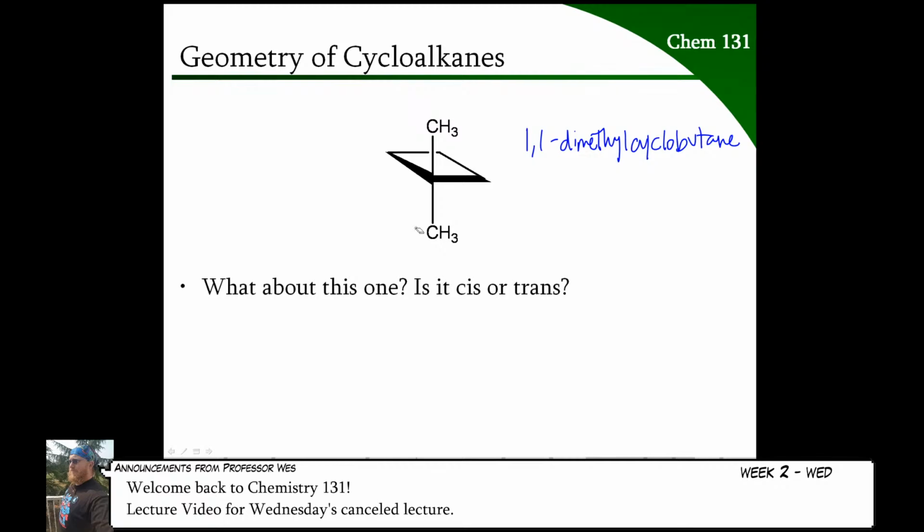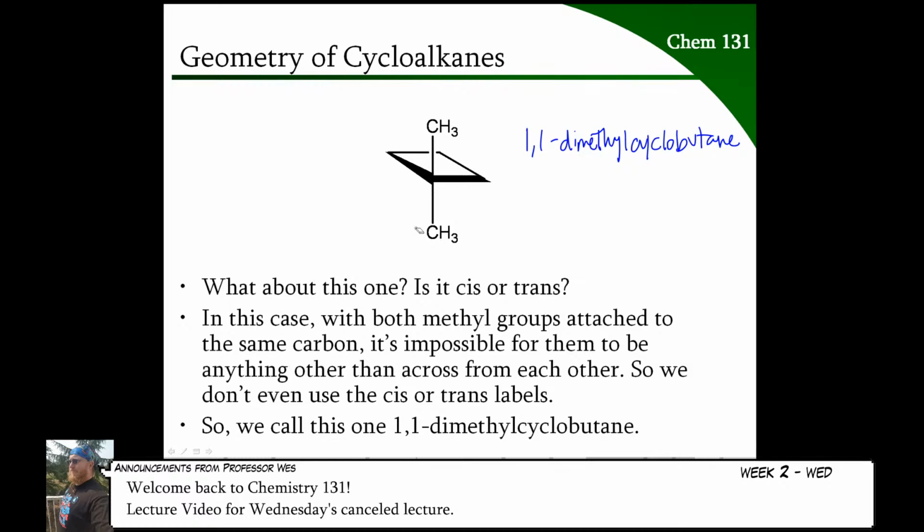So if both of the groups are on the same carbon, we automatically go, oh, they have to be trans, so I don't even have to worry about cis-trans isomerism. I don't need to put a label on it at all, and so I just put the name of it. So this occurs only when both groups are on the same carbon.